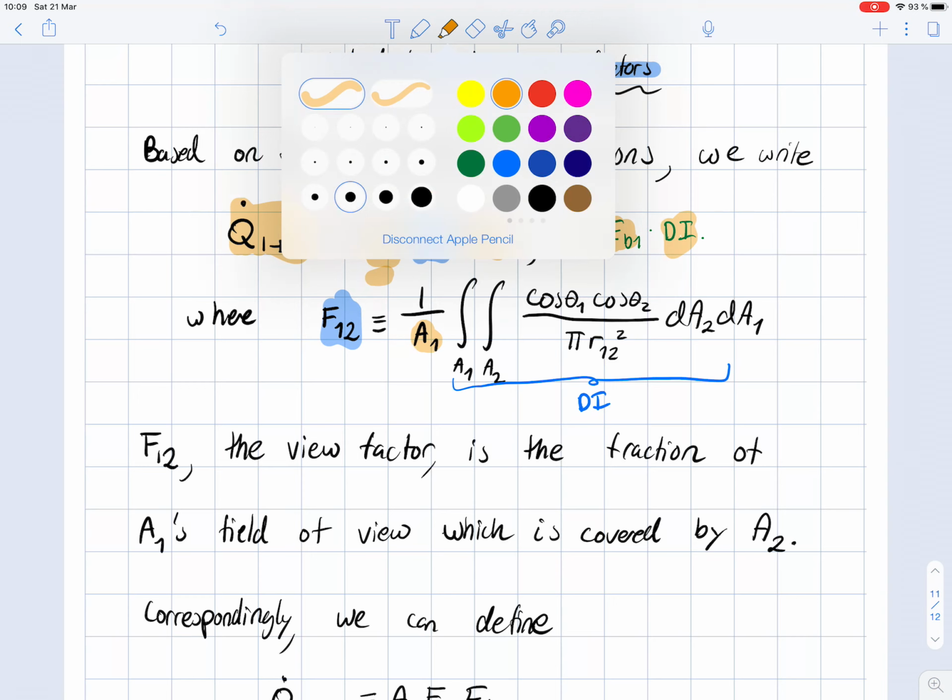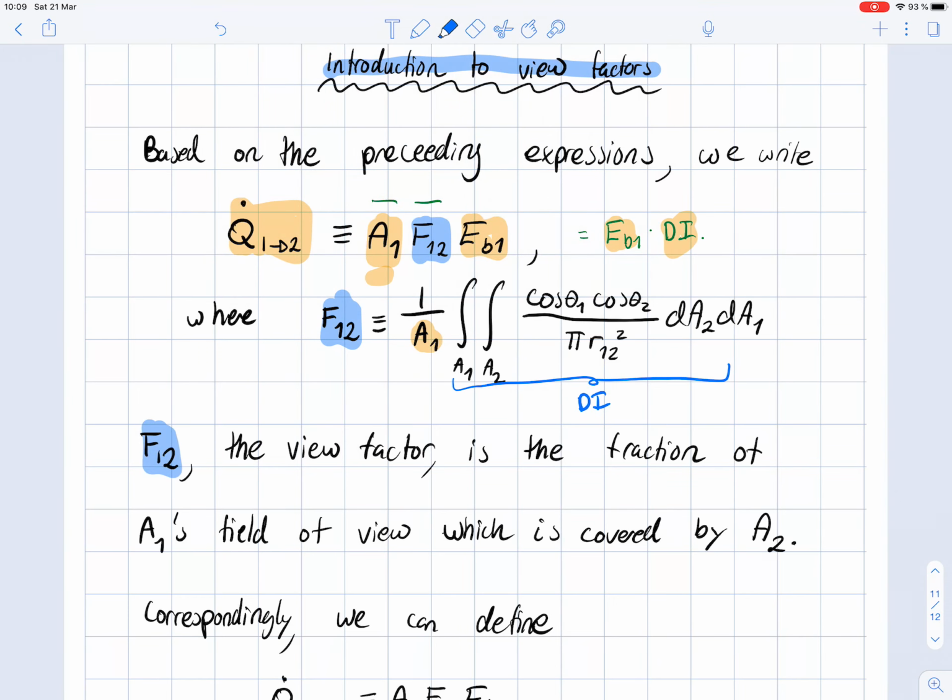This F12 is the view factor. And with the specific order of the index, 1, 2, it is the fraction of A1's field of view which is covered by A2. So how much of A2 is seen from A1's perspective?